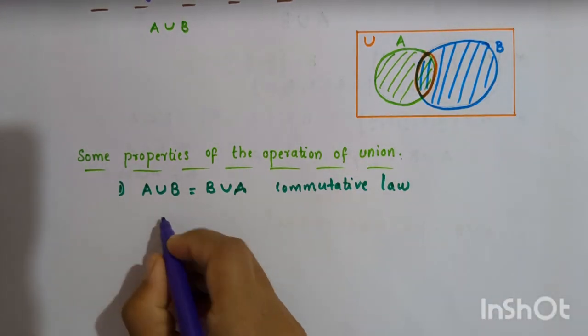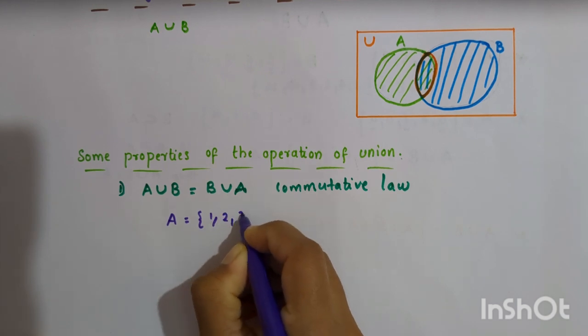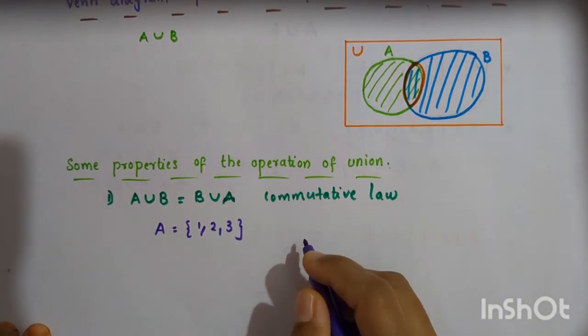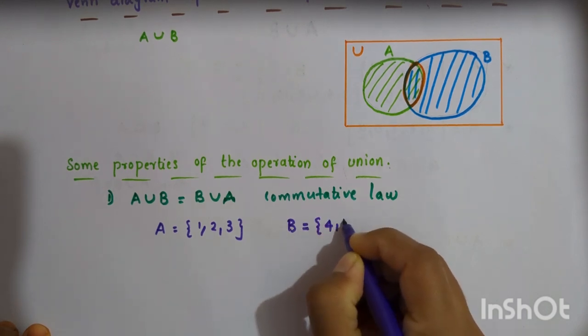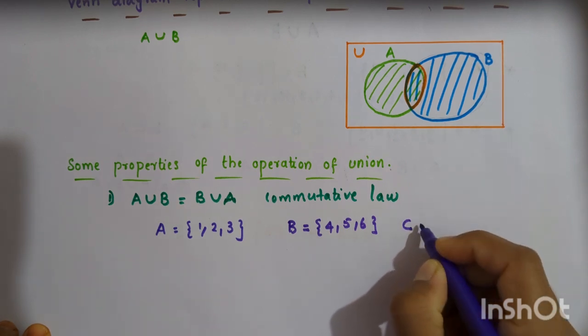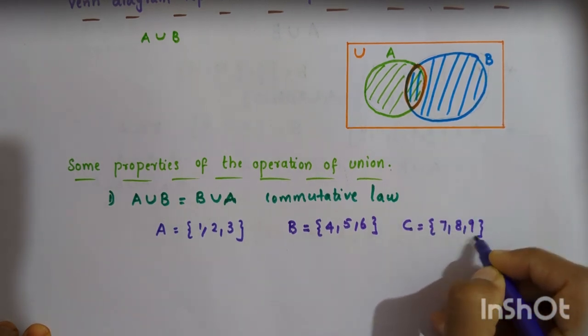Let us consider a set A which is equal to {1, 2, 3}. Now let us consider another set B which is {4, 5, 6}. And let us consider another set C which is equal to {7, 8, 9}.